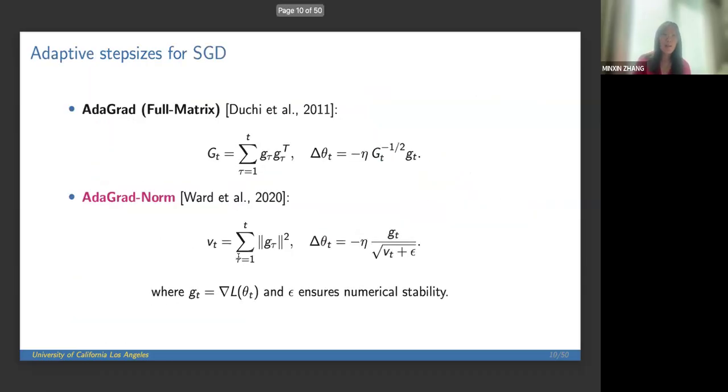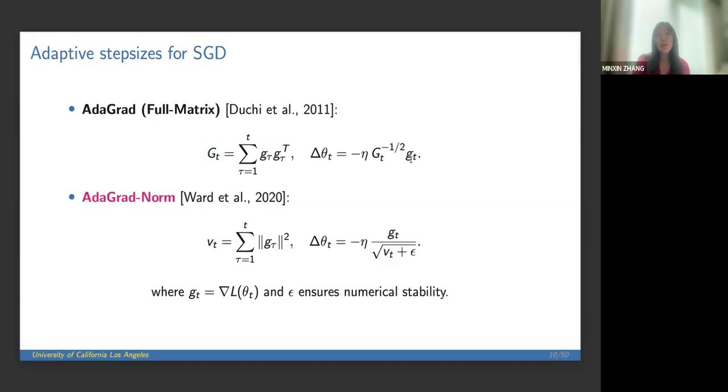So what kind of adaptive step size do we want for this Muon optimizer? We consider a common type of adaptive step size called AdaGrad, initially proposed in a paper around 2011 for stochastic optimization in machine learning. The idea is that you accumulate a number of past gradients and get an accumulated matrix G_t.